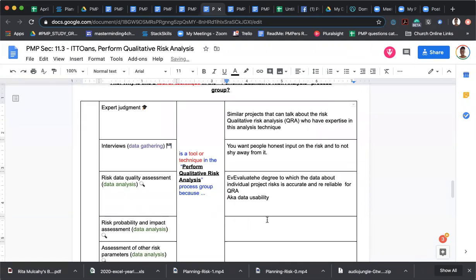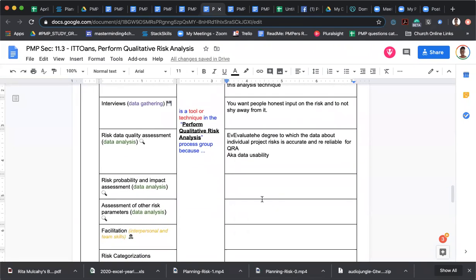Okay. Risk probability and impact assessment. We talked about that. Risk probability assessment considers the likelihood that a specific risk will occur. That is probability, and then impact. We had this matrix in the previous topic, your probability and impact matrix.